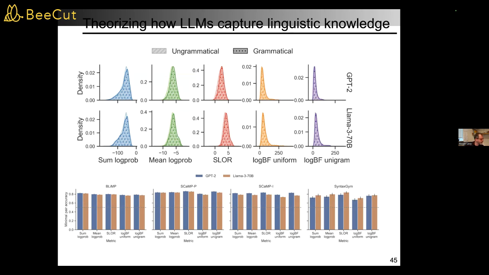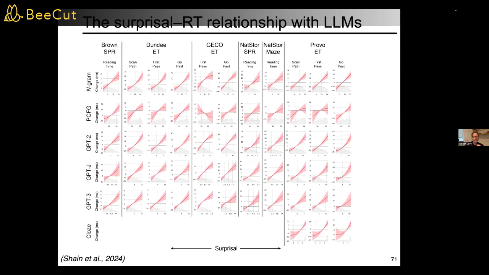So I'm actually going to just skip ahead and show a couple of things very briefly. One is we've used LLMs as well, and additionally new large data sets, many different data sets within English and many different models within English, to revisit the quantitative relationship between surprisal and reading times.